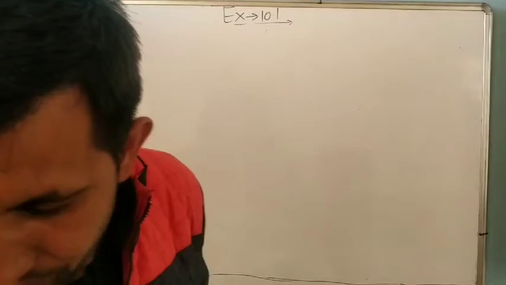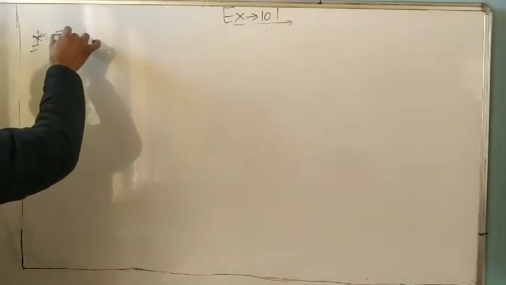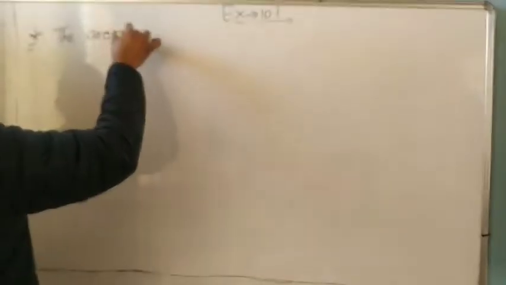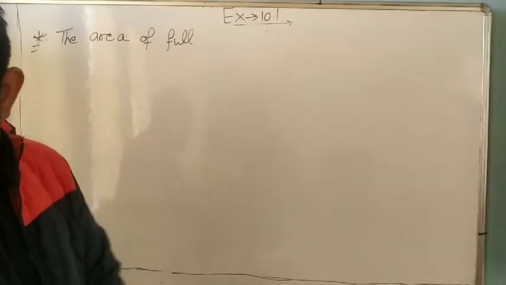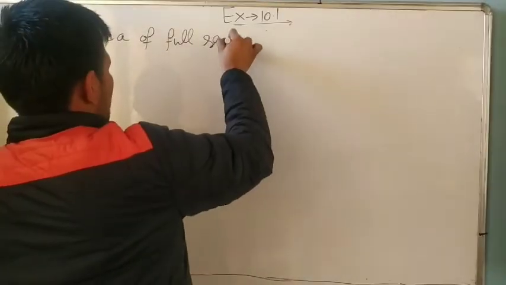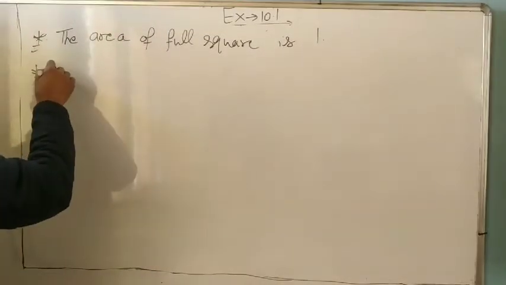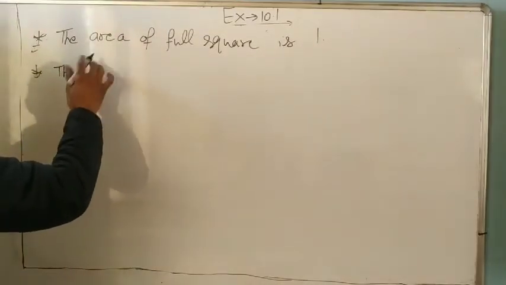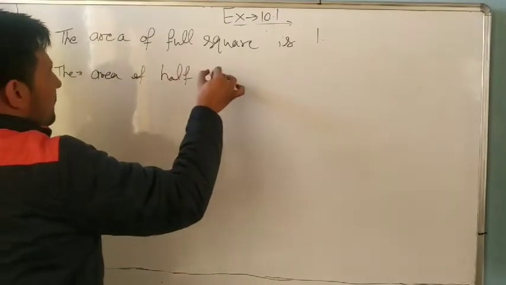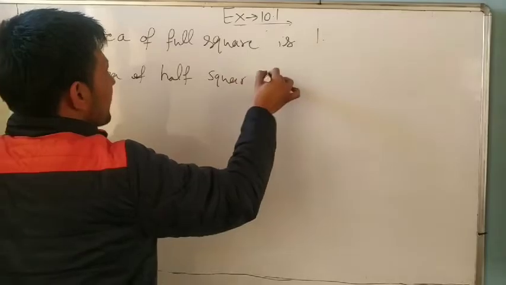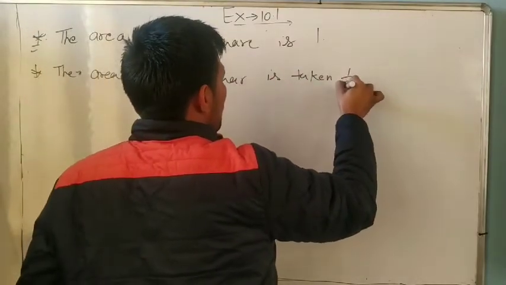So note it down. The area of a full square is 1. Second, the area of a half square, how much is taken? 1 by 2, half.